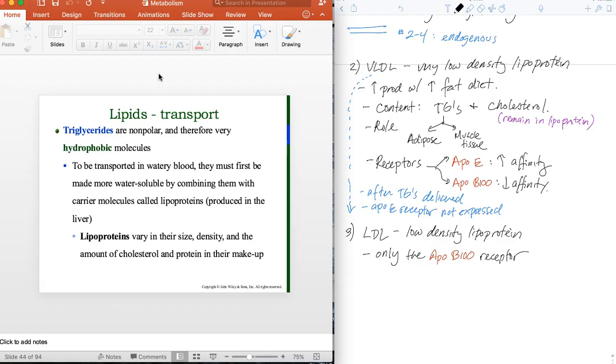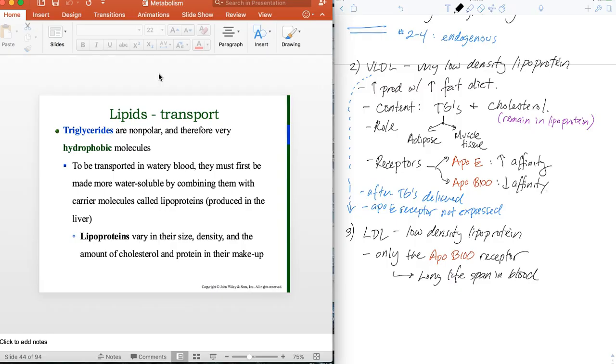So remember, that was the low affinity receptor. Because of that, it will have a long lifespan in the blood. It can circulate for a couple days versus hours. It's going to be more difficult for the liver to endocytose these guys.